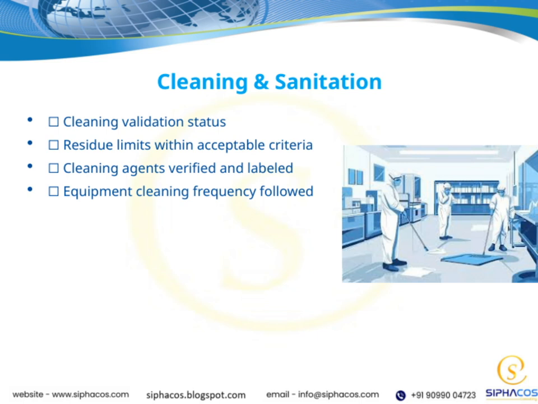Regular cleaning schedules help prevent the buildup of residues and microbial contamination. Consistency here supports overall hygiene and product quality. All of these points connect back to our overall goal of maintaining a safe, compliant, and efficient manufacturing process. Proper cleaning and sanitation are fundamental to achieving those standards.